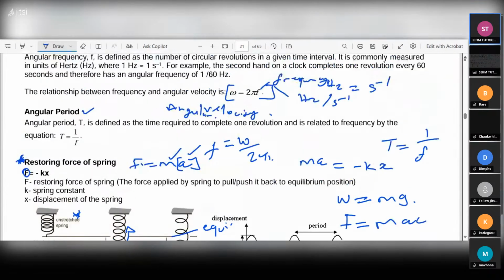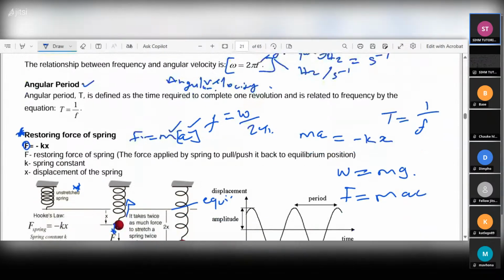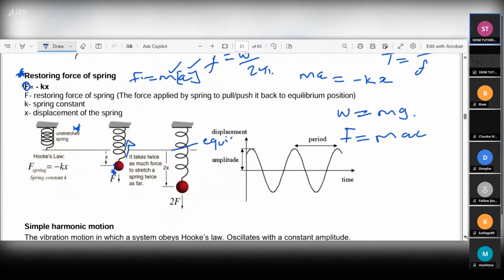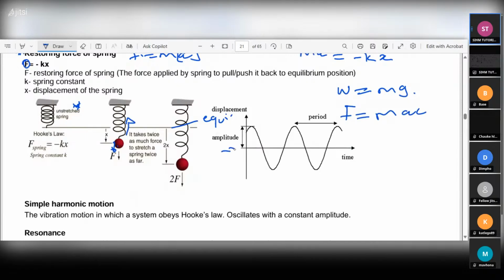Okay, so from this point we will also be focusing on this graph here. If you can check here, we have the amplitude. As you know, the amplitude is from the starting point to the maximum height of the graph. So this is the maximum height. As you know, the velocity will be zero.